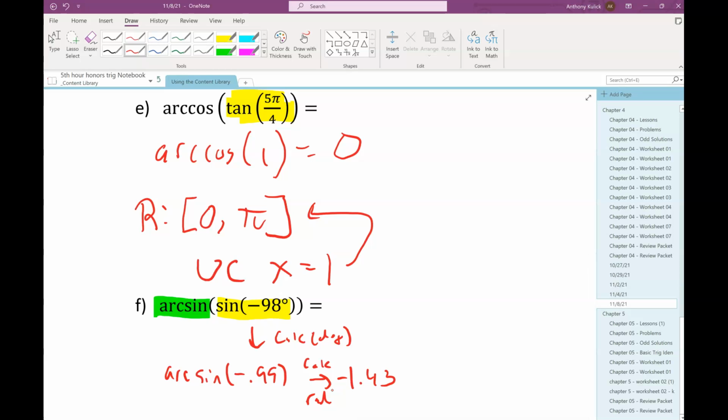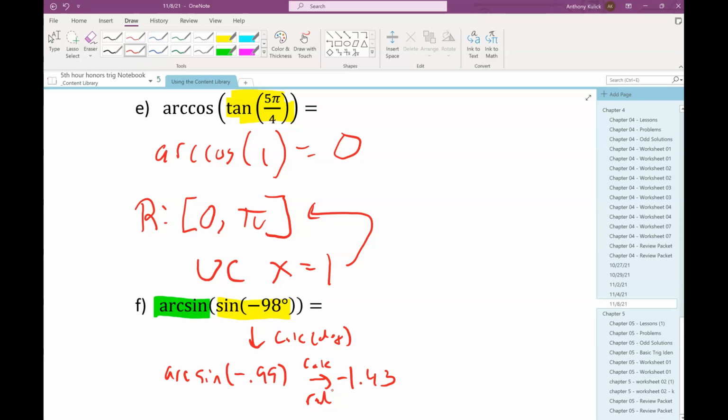So just use the calculator in degree mode to get the negative 0.99. And then I put the calculator back in radian mode to do the sine inverse of negative 0.99. That gave us the negative 1.43. So that was just a calculator question: can you understand what's going on well enough to know when to change your modes around inside of the same problem, which is kind of rude.